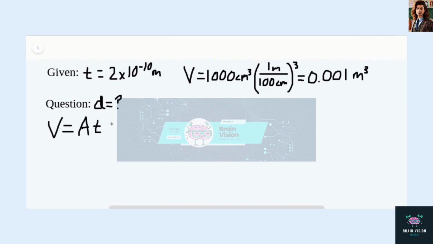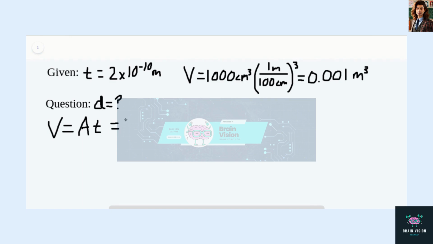The question then is, how big is the diameter of this oil slick if we're assuming it's spreading out in a spherical or circular manner? Well, the volume of the oil is equal to the area of the oil multiplied by the thickness of the oil.